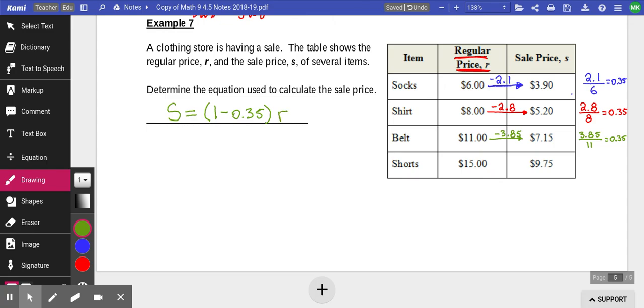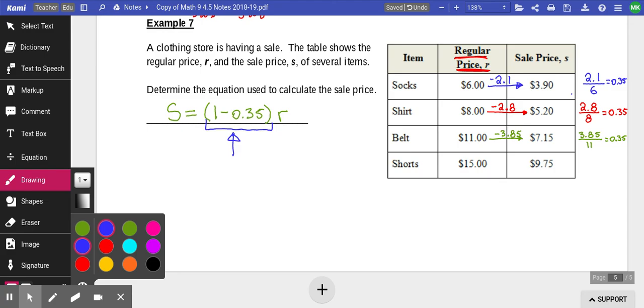The reason why it's doing that, this represents 100% of the price and minus 35% off. So my real equation is S equals 0.65 R. That's a hard one. Probably a good life one though, because we all do sale prices.